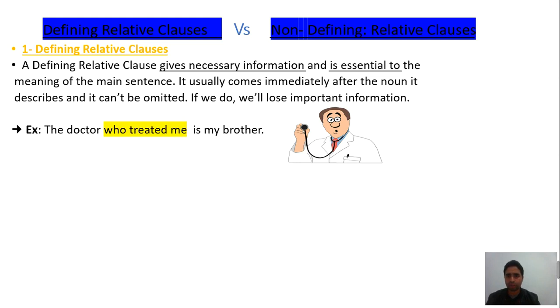Maybe the person you are talking to will ask you, which doctor are you talking about? So here, if we say the doctor is my brother, which doctor are we talking about? So who treated me is necessary information and essential information to the meaning of the sentence.